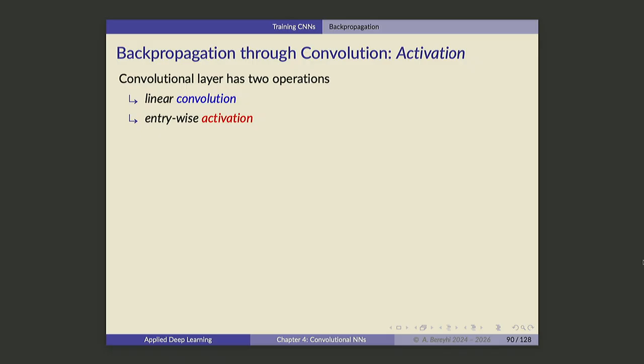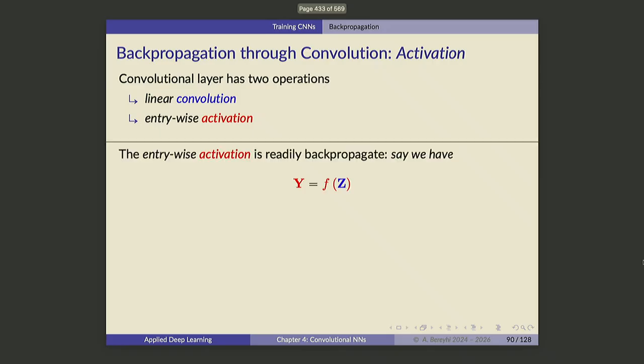No. I mean, you get your computation, you activate every entry, right? When you want to move backward, you multiply every gradient with the derivative of the activation function, right? So it's not a big deal. The activation part is quite simple. You have your activated output, a function of your input.